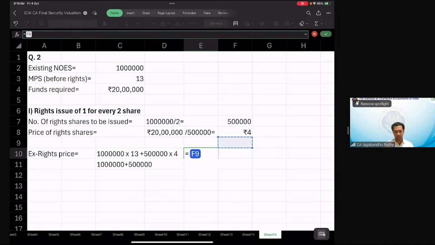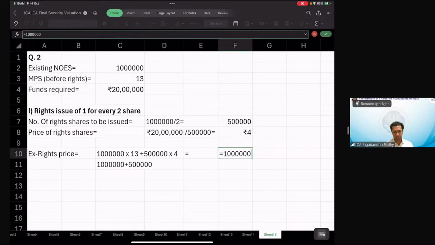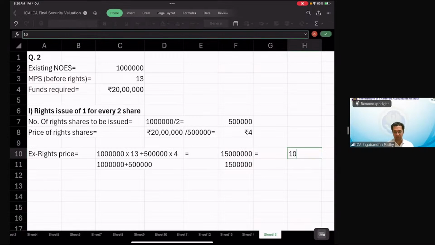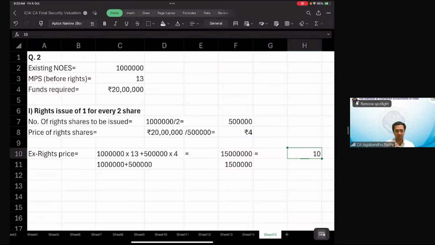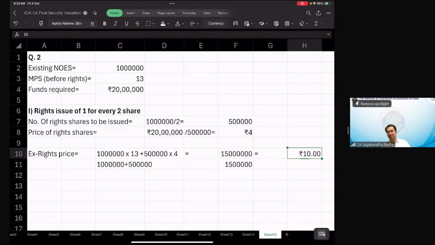So the theoretical ex-rights price will be 10 lakh multiplied by 13 plus 5 lakh multiplied by 4, which is 1 crore 50 lakh, divided by 15 lakh. So can I say the theoretical ex-rights price of the share is 10 rupees? Correct, guys? Are we getting this ex-rights price as 10 rupees?